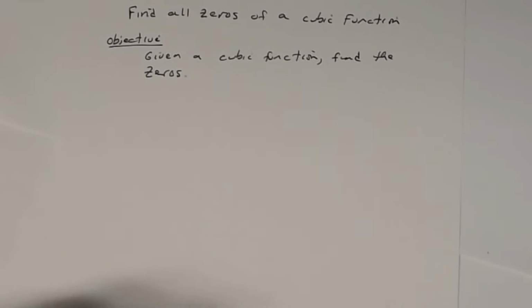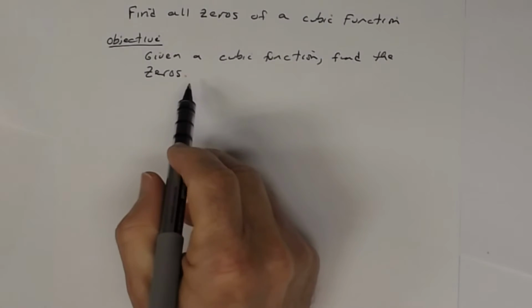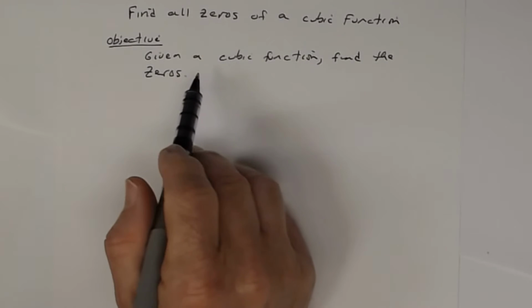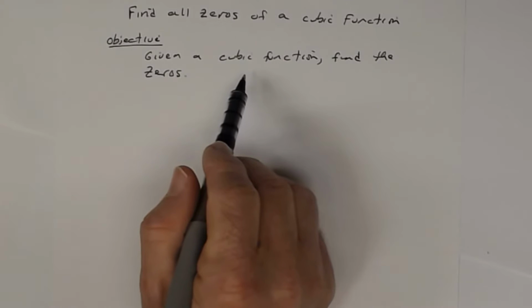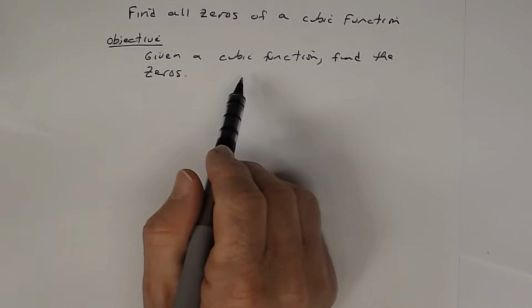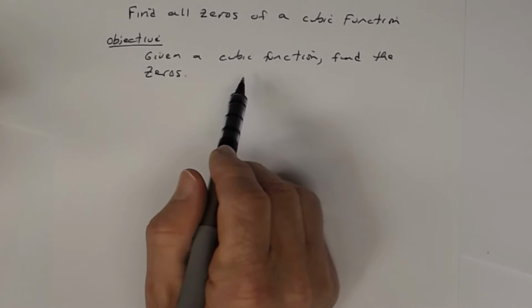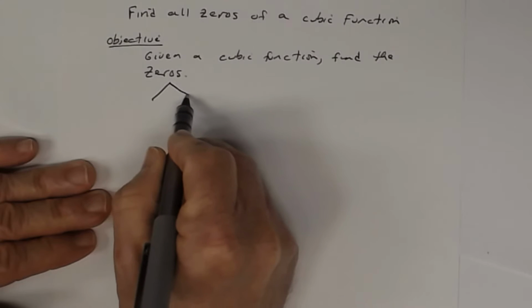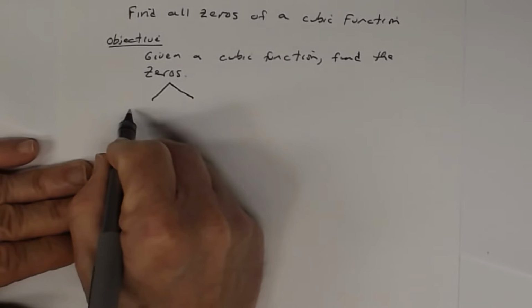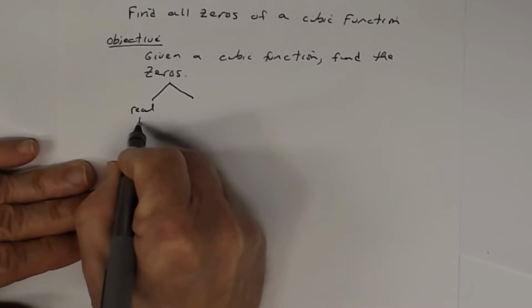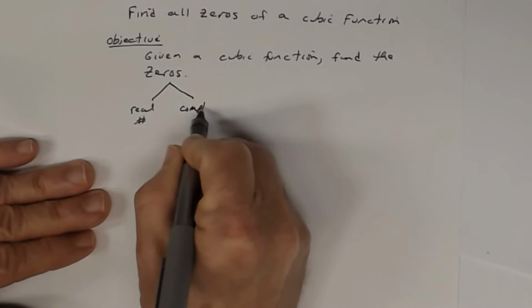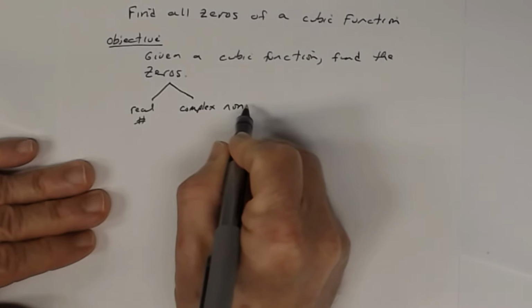Now, what I want to tell you is that a cubic function doesn't necessarily just have rational or irrational roots. It could have non-real roots. So the zeros in this case could be real numbers, or they could be complex non-real numbers.